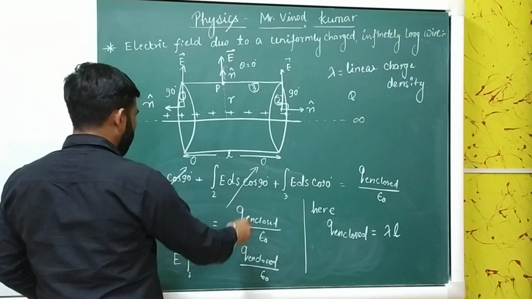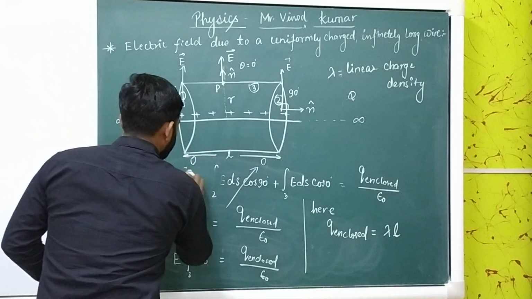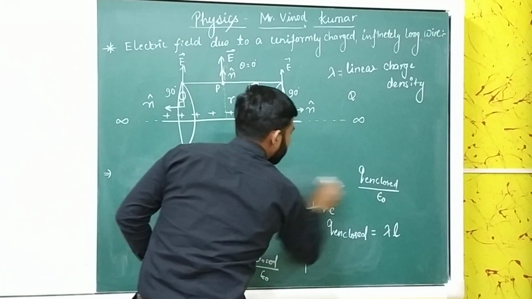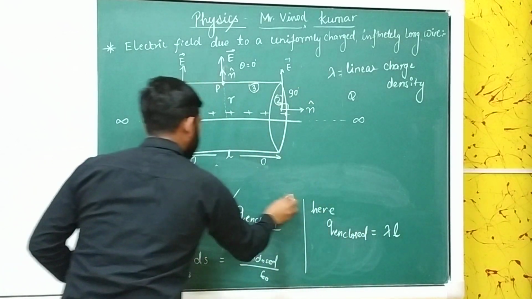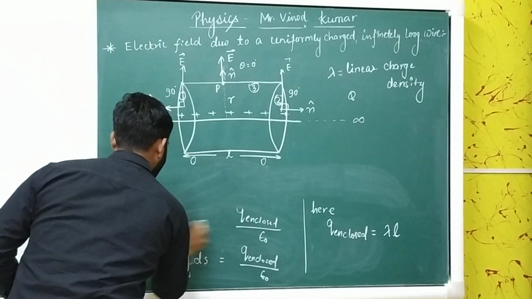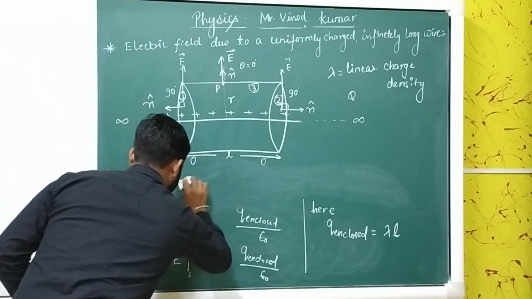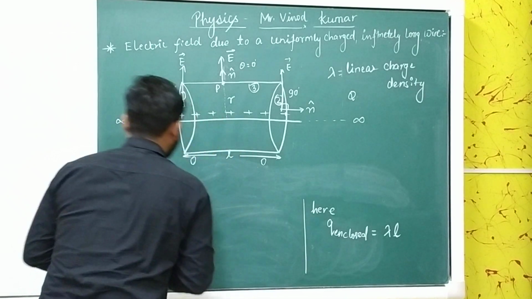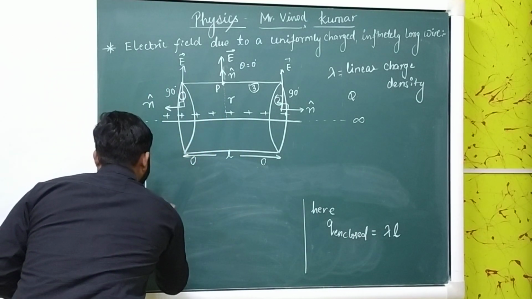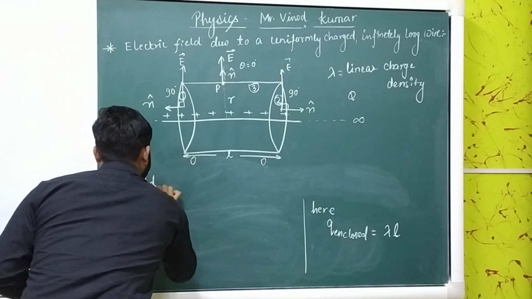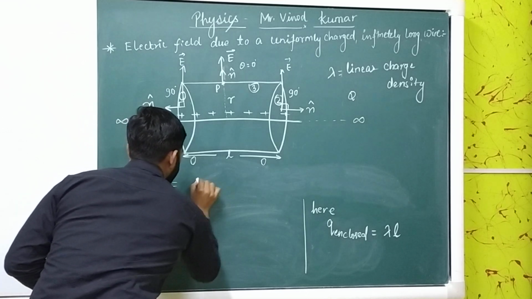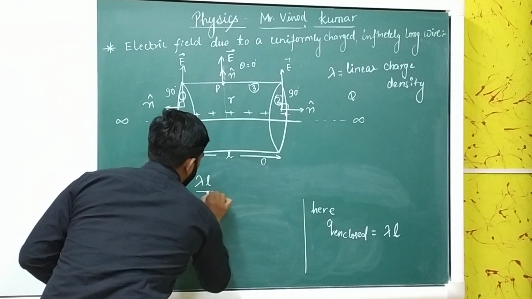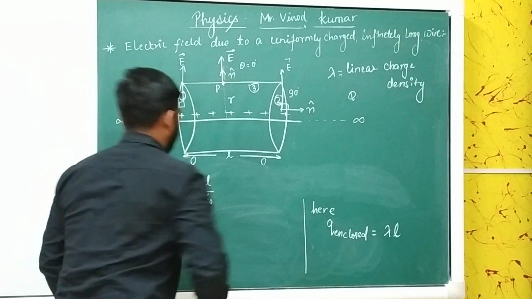Now let us place it in the equation. So for the third surface, E integration over ds equals lambda into L upon epsilon naught.